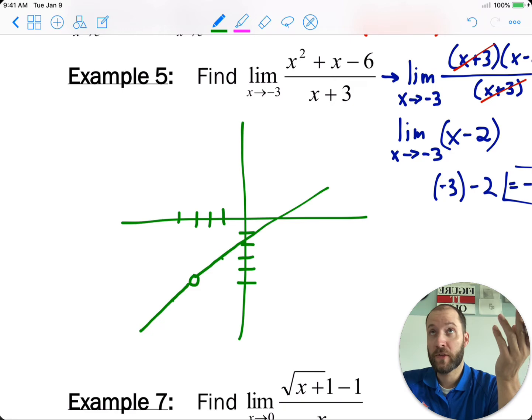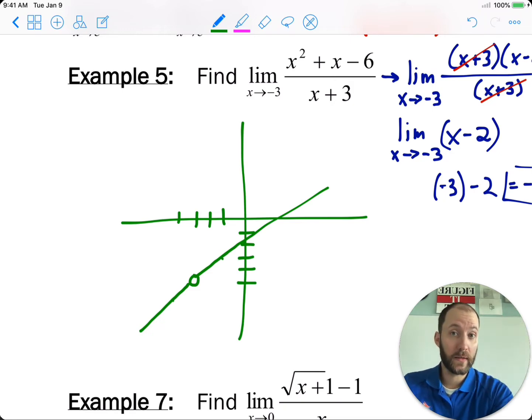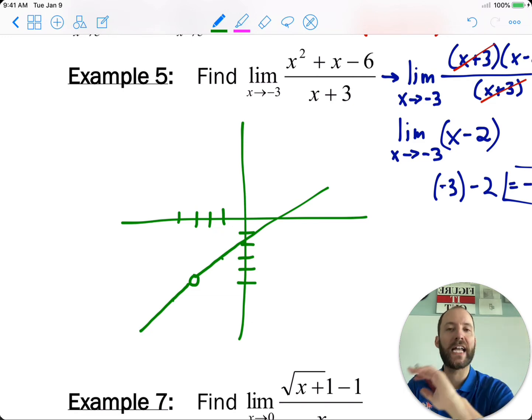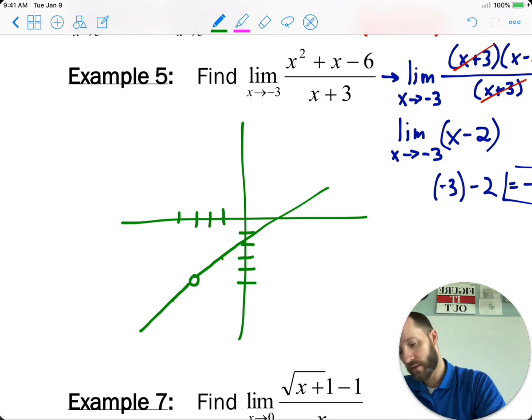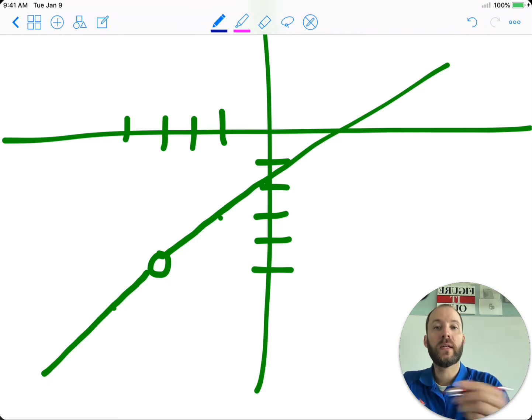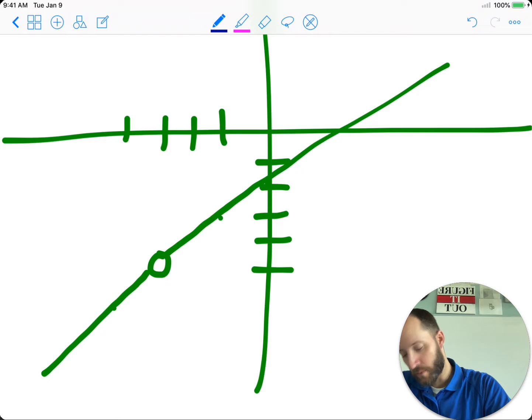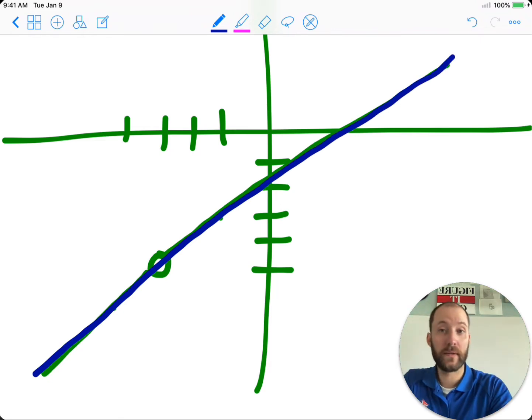But if it did, what would it be? Now the line x minus 2 agrees with the original function at all but one point. So if you were to graph x minus 2, you'd graph the same line as the green line, but when you got to the open circle, you just fill it in.